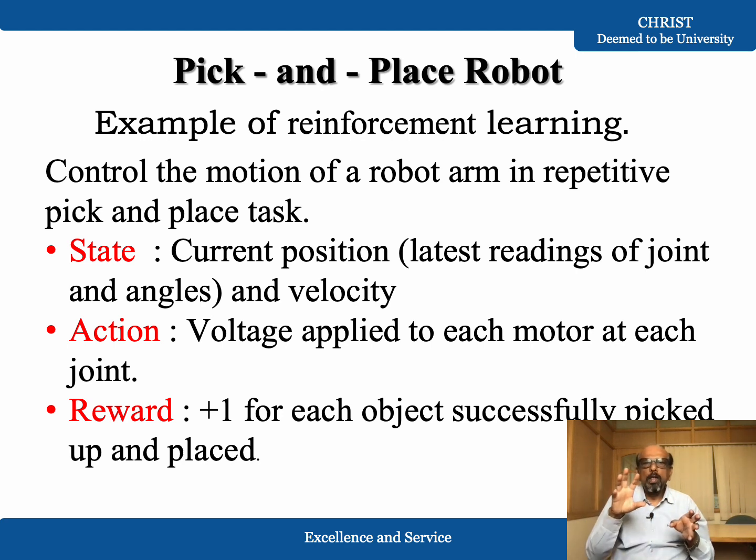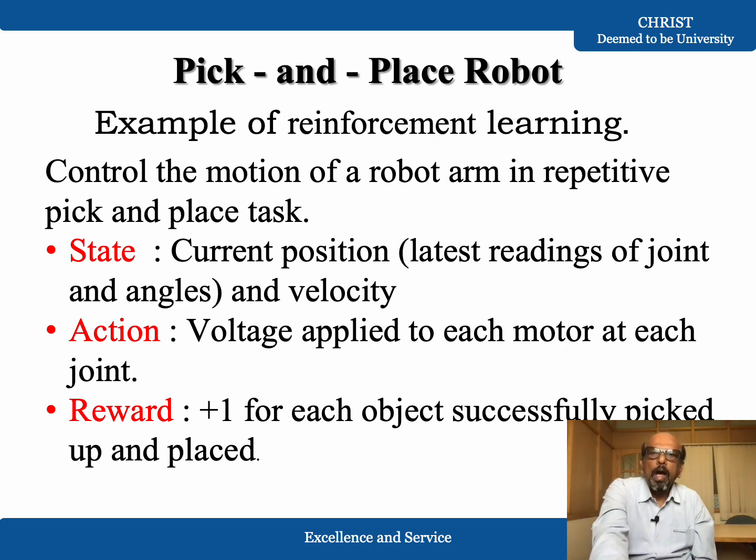So now the robo has to learn how to pick up, over a period of time, what sort of voltage must be applied to various motors under which circumstances. So this is a reinforcement learning which uses the Markov decision process.